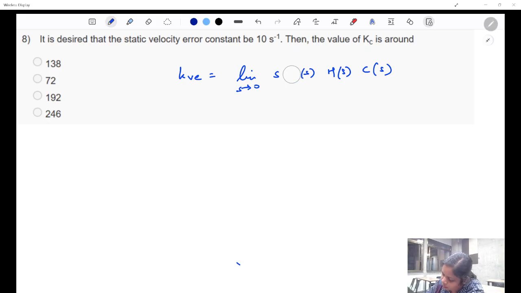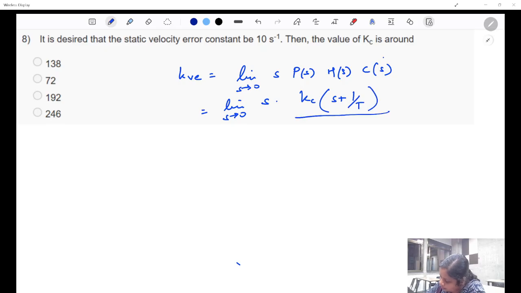Now from here you can write limit s tends to 0, s into Kc, and the compensator transfer function is (s plus 1 upon T) upon (s plus 1 upon alpha T), right?